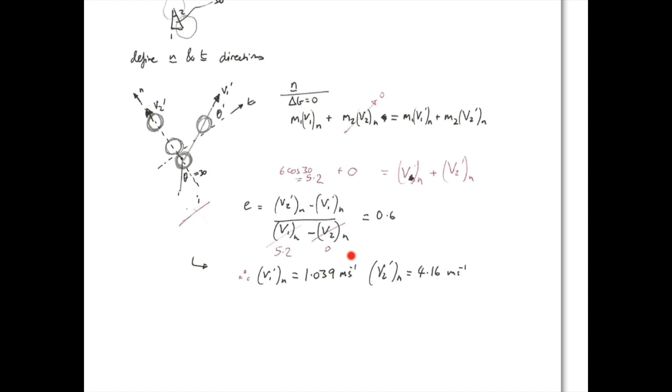We also have the coefficient of restitution, which is in the normal direction: v2 dashed n minus v1 dashed n divided by v1n minus v2n, all equal to 0.6. We have a simultaneous equation, because we have two unknowns and two equations. So we can compute the final normal components of the motion of both particles, as follows.